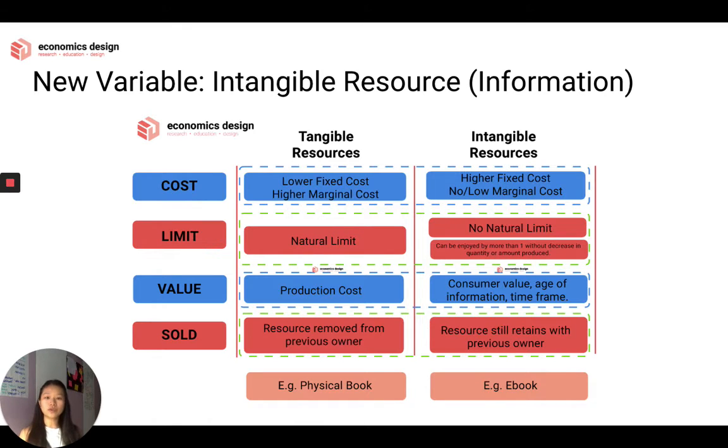With physical books, hardback or paperback, we have to consider the production cost. With ebooks, it's slightly different because it depends on how consumers value the information, the age of the information, the time frame, and everything. It's usually cheaper than the physical books.